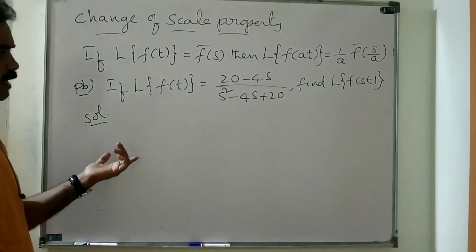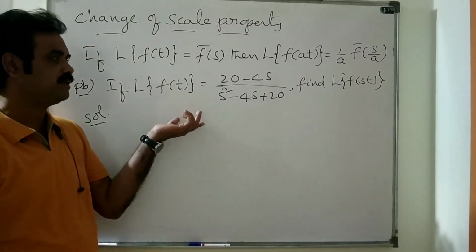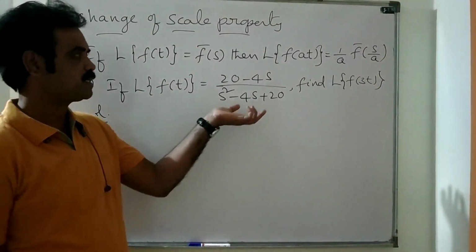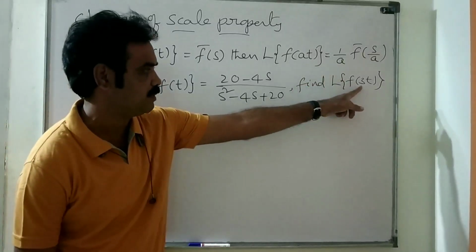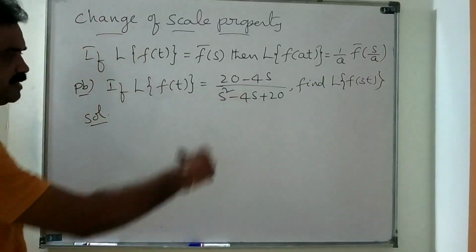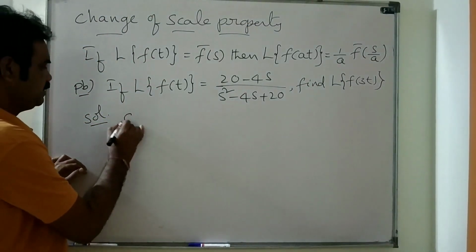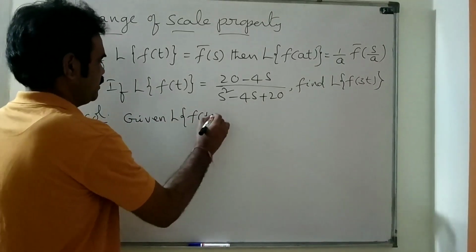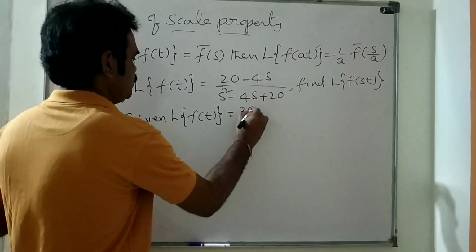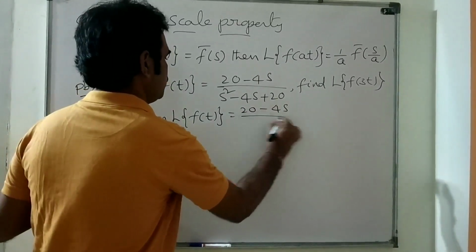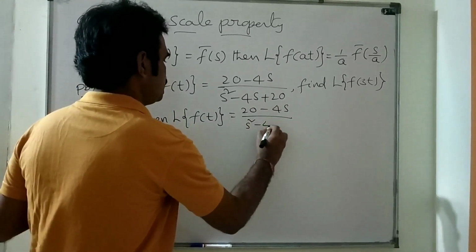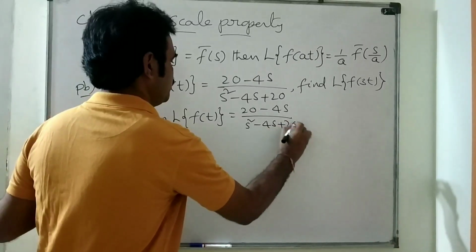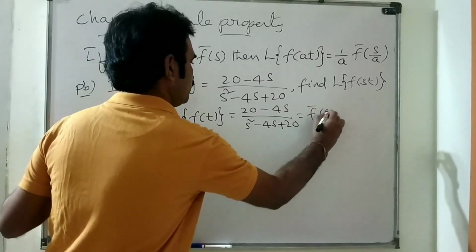By change of scale property, if L of f of t is given, you can find the Laplace transform of f of a t. This is also in that form, f of 3t. Here a is 3. Given L of f of t is equal to 20 minus 4s by s square minus 4s plus 20. Say this is f bar s.